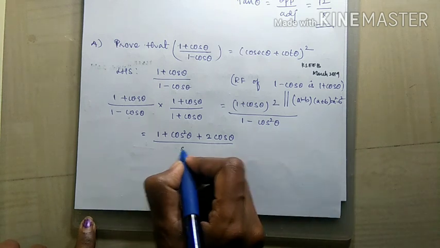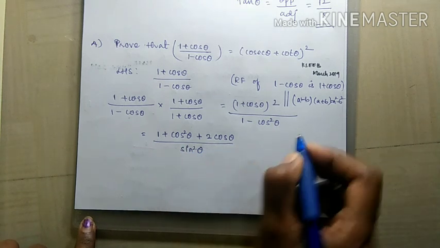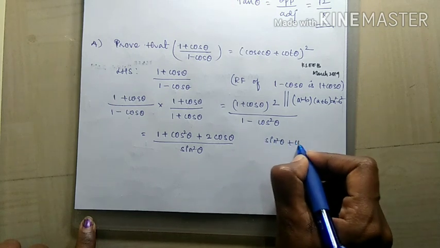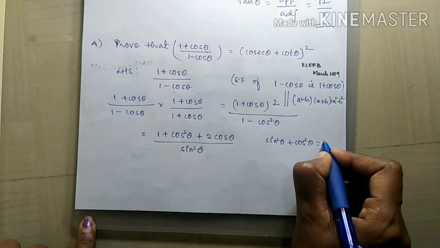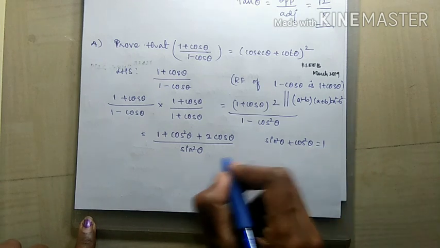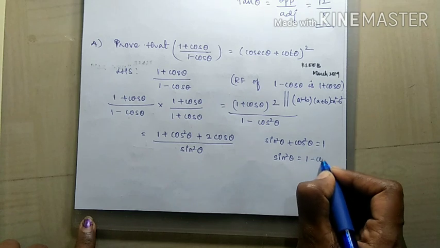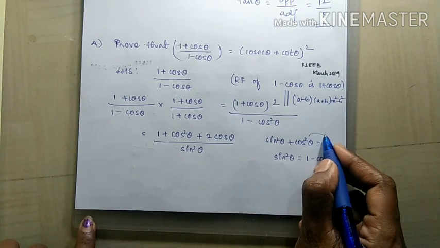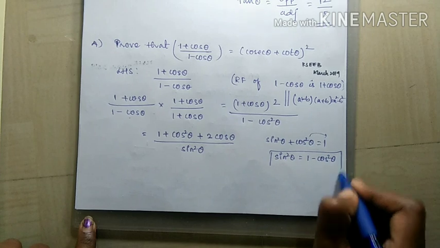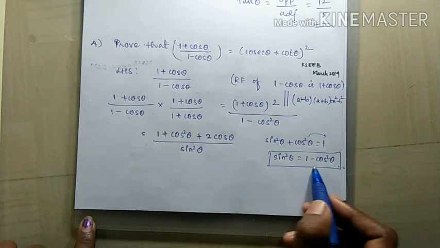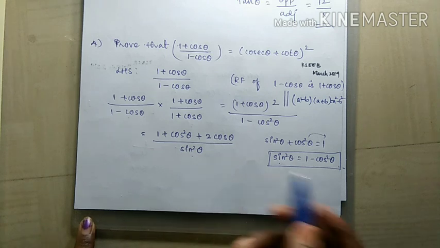You can write this as sin square theta, because you know well sin square theta plus cos square theta equals 1. So sin square theta equals 1 minus cos square theta. Cos square theta will go that side. So now I can substitute 1 minus cos square theta, which is nothing but sin square theta.